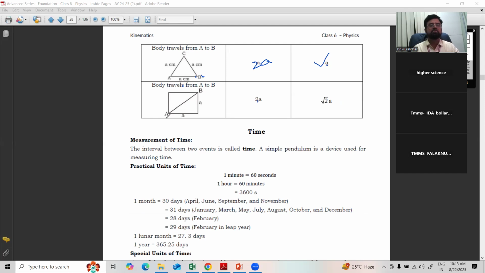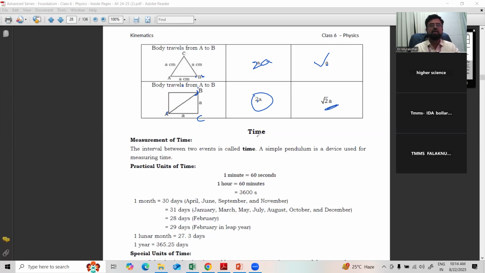Same, A to B also travels like this. This is given by the shortest path. This is A and A, and A to B via C is A plus A, 2A. But how does the shortest path come? AB square is equal to AC square plus BC square. Apply the formula and you get root 2 A. That is the Pythagoras theorem.